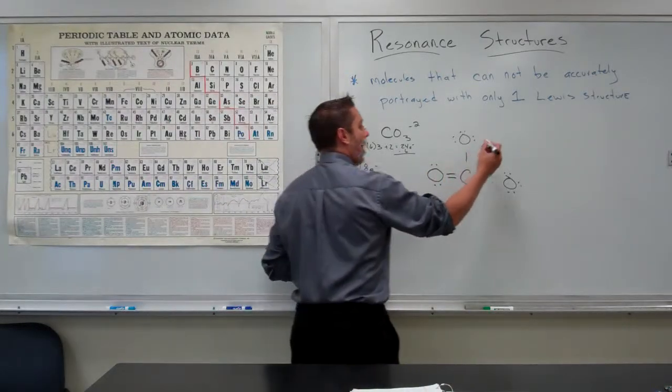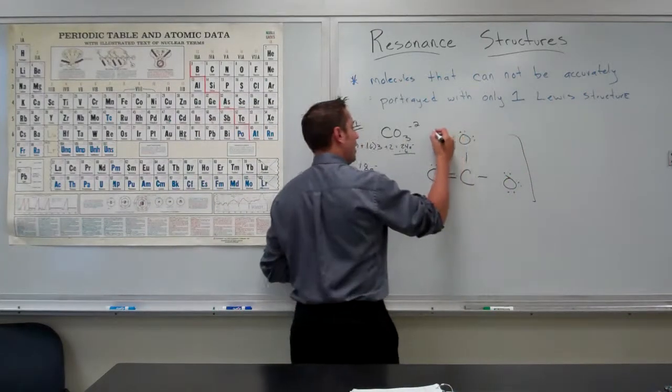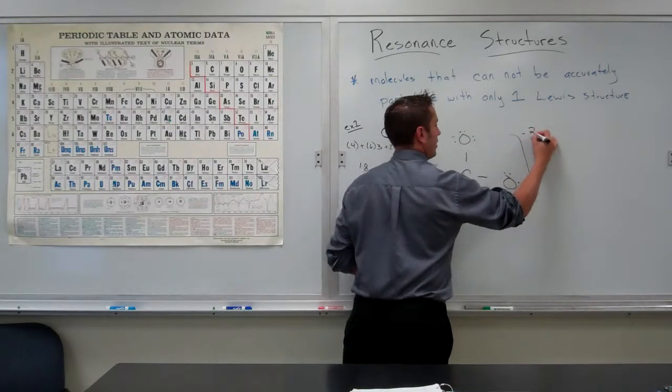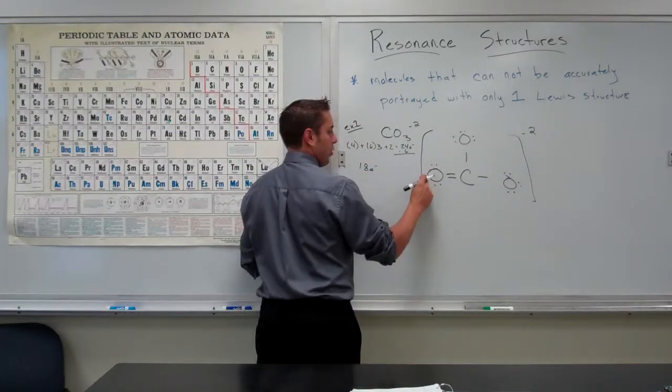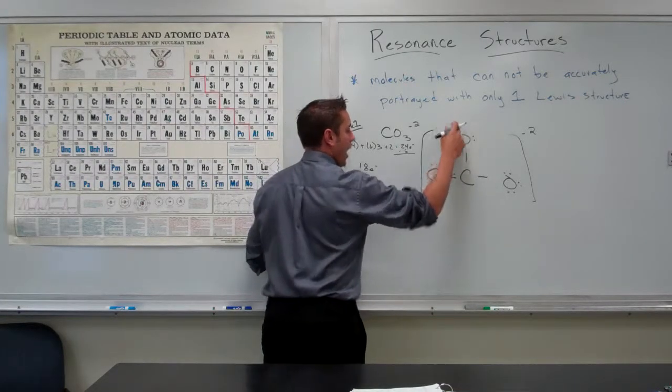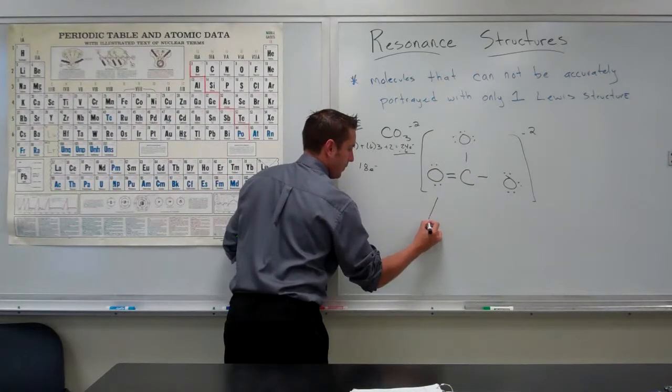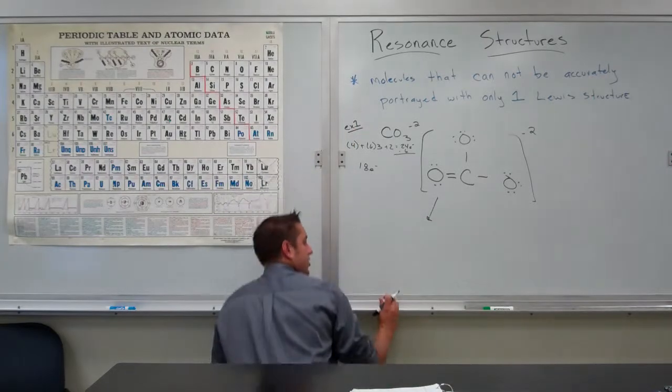So this is one of the structures. I could easily have drawn a different one where instead of pulling the 2 electrons from here, I pulled them from the top, and that would have led me to this structure.